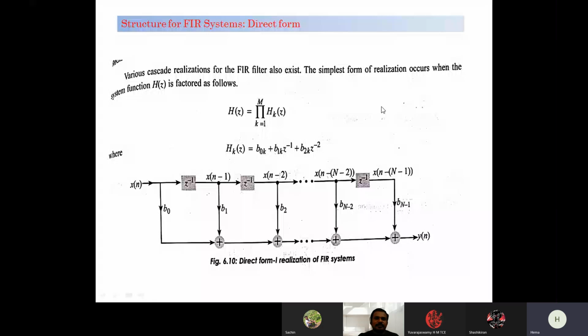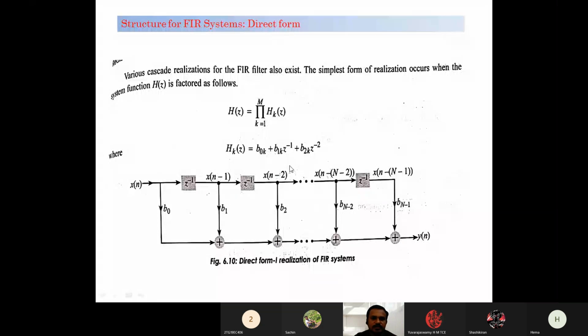Yes, sir. Okay. So in the previous class, we began with the structure of FIR systems. Here they are going to provide the system function. So what is the system function? How is it going to behave for the input, and what is the desired output it is going to give?